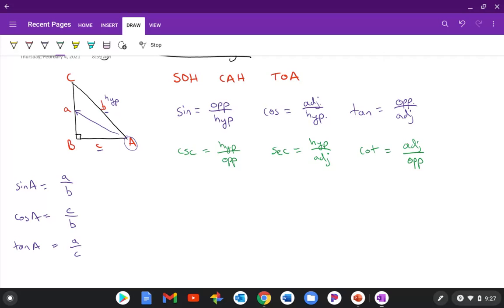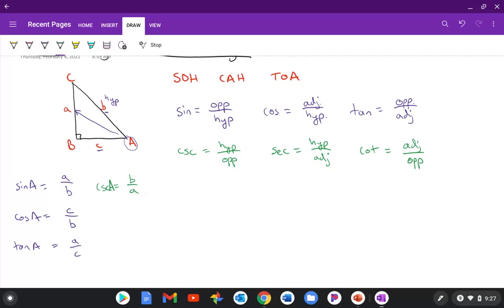And if we were to do the same thing down here as we did before, so with the sine, the opposite of that would be the cosecant of big A. Well, the cosecant is the hypotenuse over the opposite, or just flip the sine.